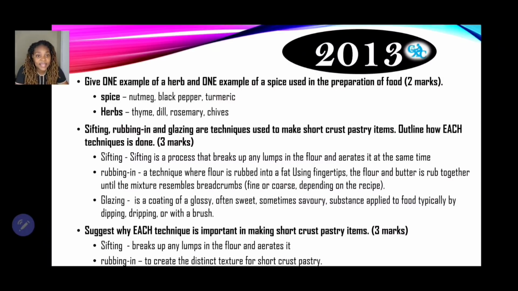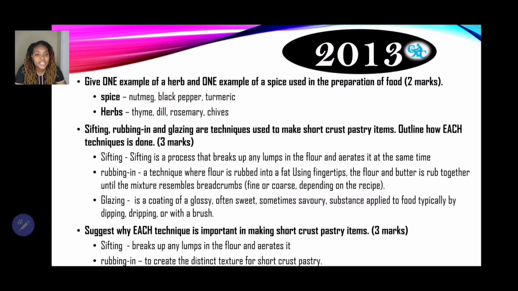Rubbing in, a technique where flour is rubbed into a fat using the fingertips. The flour and butter is rubbed together until the mixture resembles breadcrumbs, or fine or coarse depending on the recipe. Good. Now glazing refers to coating of a glossy, often sweet, sometimes savory substance that is applied to food, typically by dripping, dipping, or with a brush.